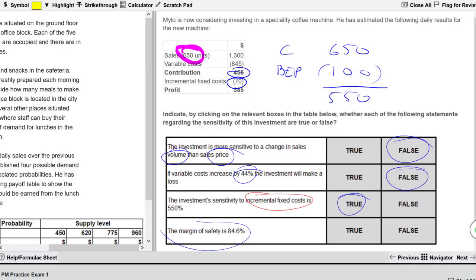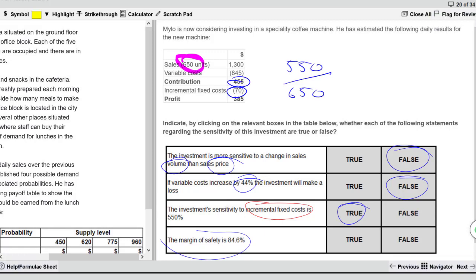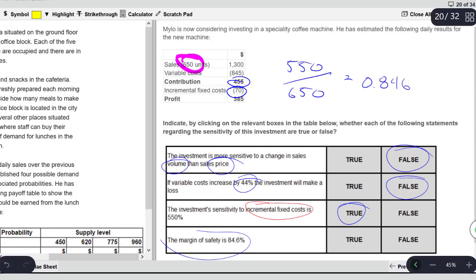And if we put that into percentage terms, that would be 550, the drop in units, over our current activity of 650. And that comes to 0.846 or 84.6%. So the final statement is true.